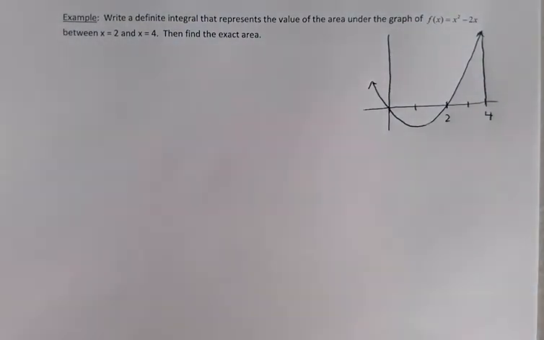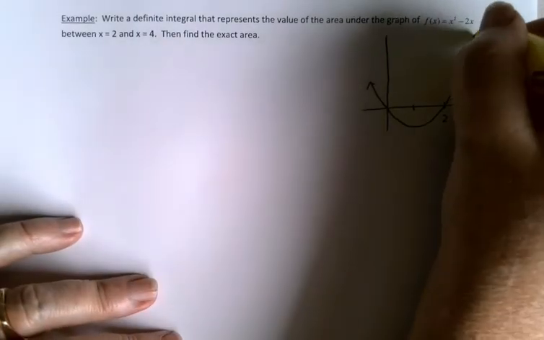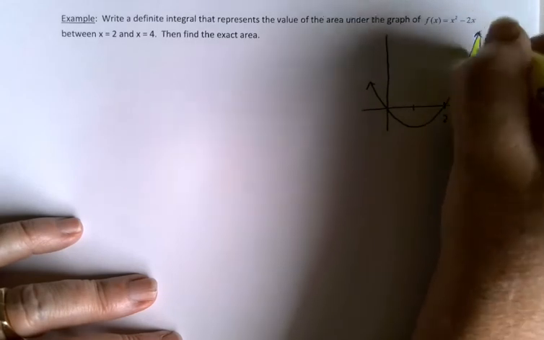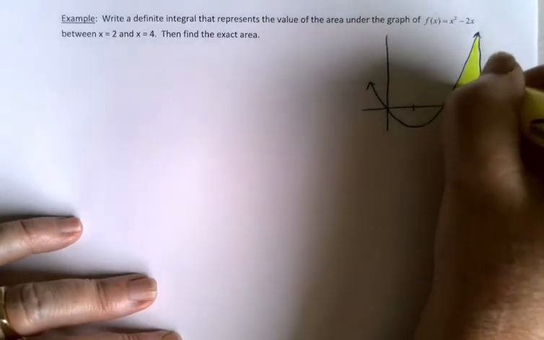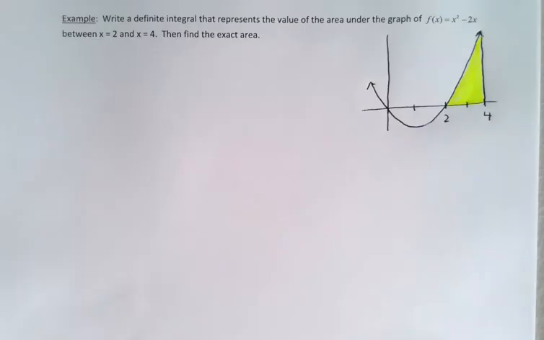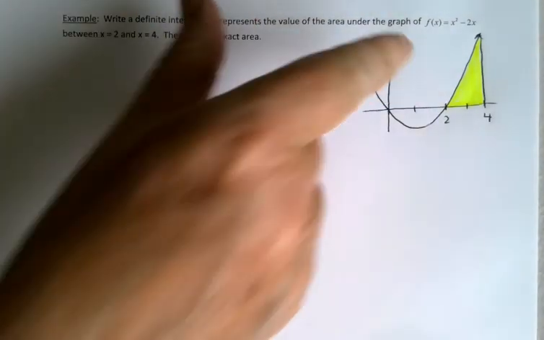So the actual area that I'm finding is this. Almost looks triangular, but I know that actually that edge of that parabola is slightly curved.